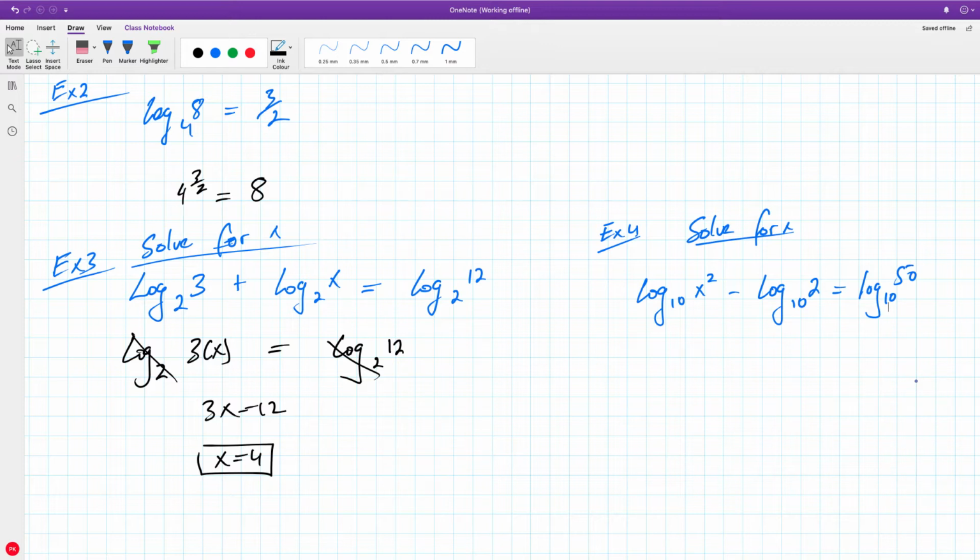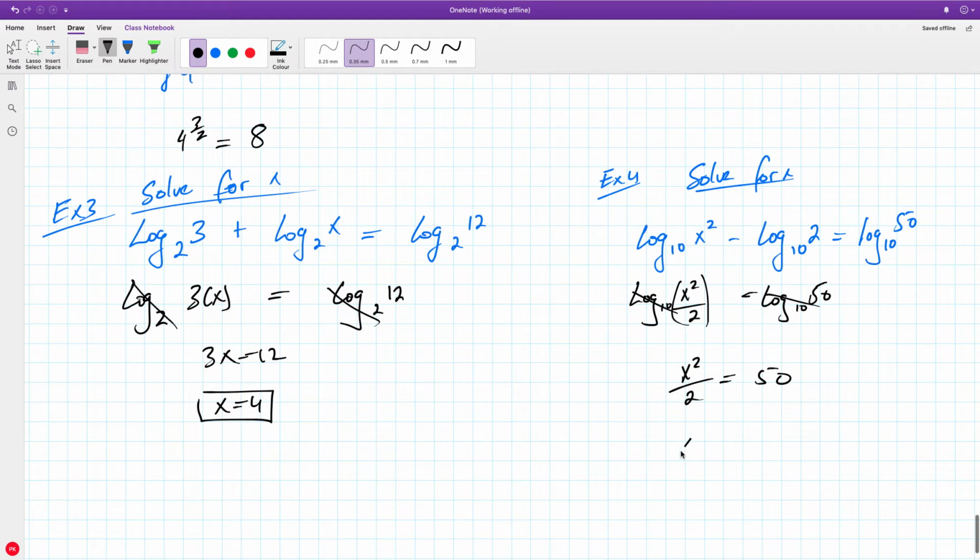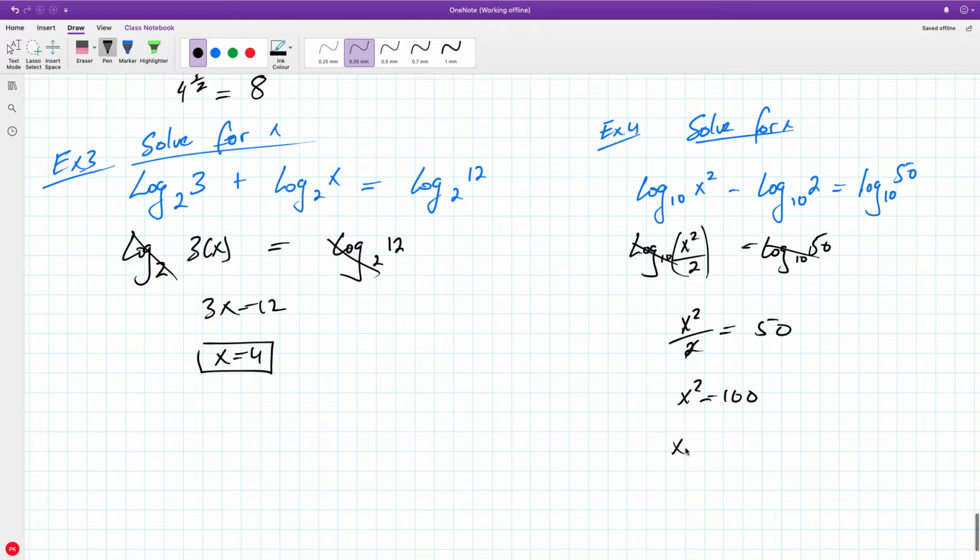So this becomes the log of x squared over 2 to the base 10 is equal to the log of 50 to the base 10. Log 10 cancels either side. X squared over 2 is equal to 50, multiplied across by 2. X squared is equal to 100. X is equal to the square root of 100. X is equal to plus or minus 10.